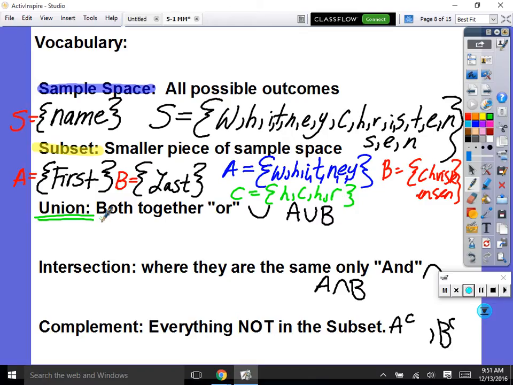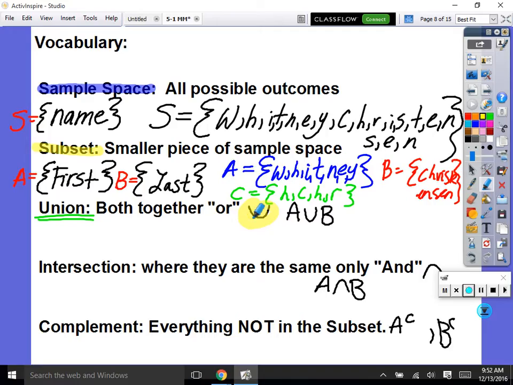Now union. The word union means, and you're going to see this notation, so write down this definition. Union, you'll see by this sign, a U. That means united. If you unite, you all come together, correct? So a union would be uniting subsets together.